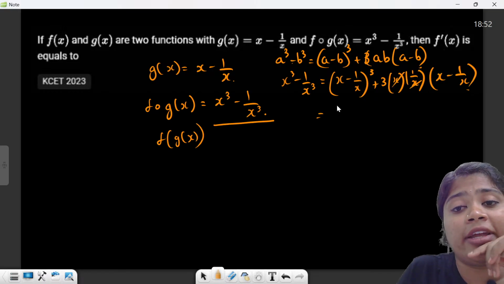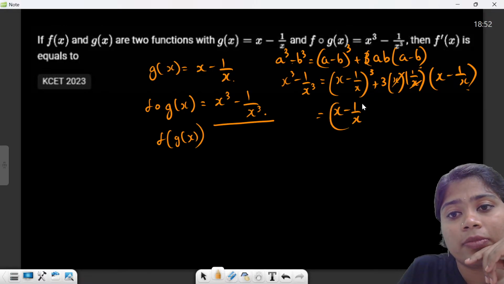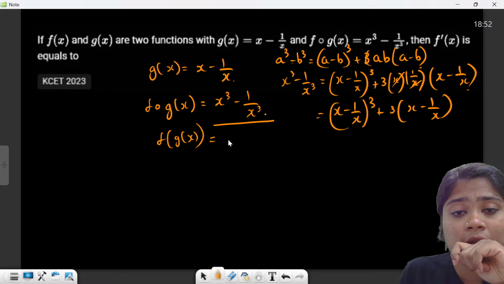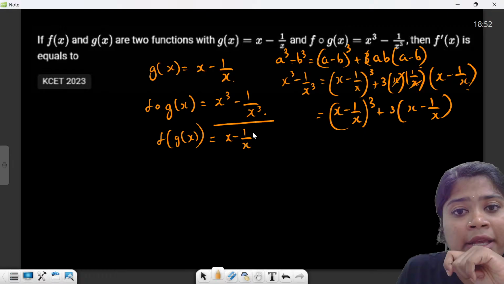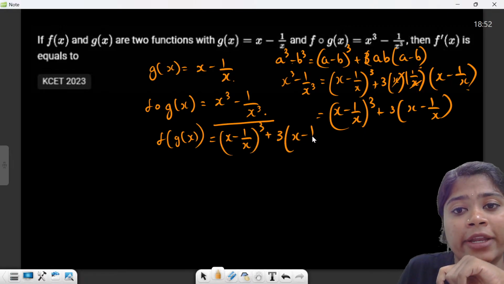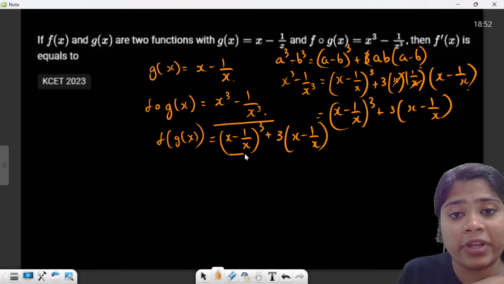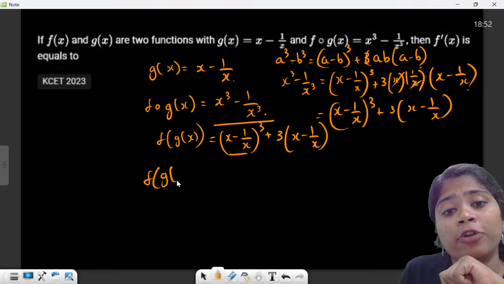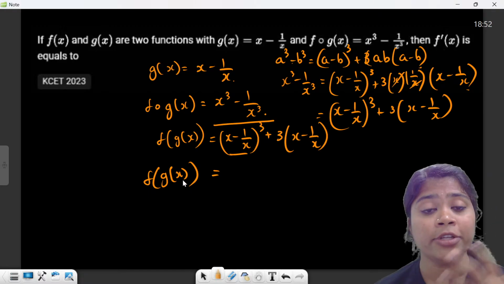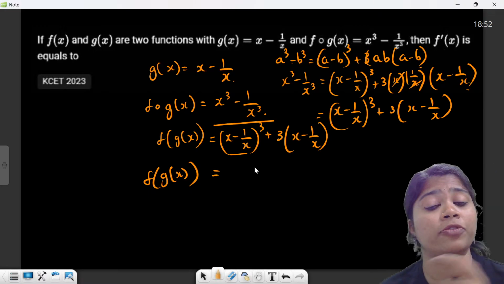So we got everything in terms of x minus 1 by x. You can write this as x minus 1 by x to the power 3 plus 3 into x minus 1 by x. So anyway, this is g of x only. F of g of x is nothing but, whenever f composition g of x is given, you want to write that in terms of g of x.